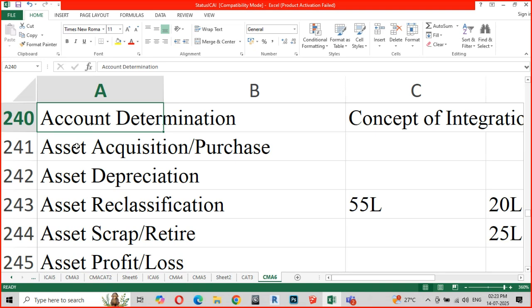Asset acquisition. After the asset acquisition, as far as your legal requirements are concerned, you need to subject all these fixed assets to a process called depreciation. By depreciation, what information are you getting?